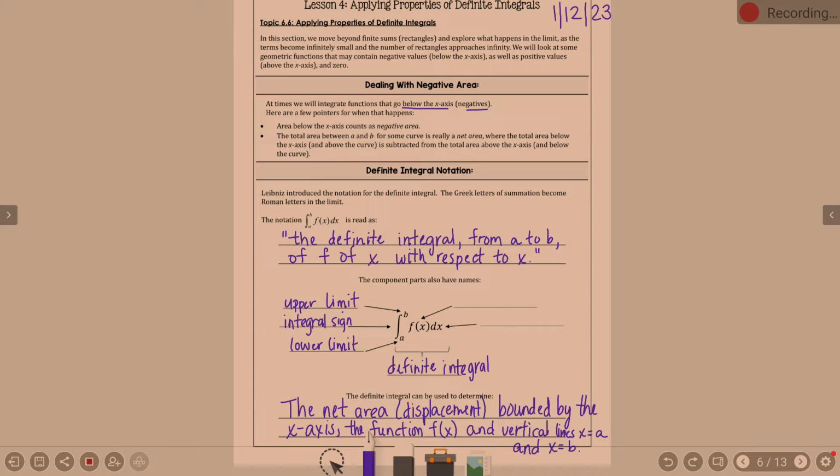F of x, part of me wants to say it's the function we're integrating, but the official vocabulary is that it's the integrand. Now, do we know how to spell that? Okay, so that f of x is the integrand. And then dx is stating the variable with which we are integrating, so it's just saying the variable of integration is x.